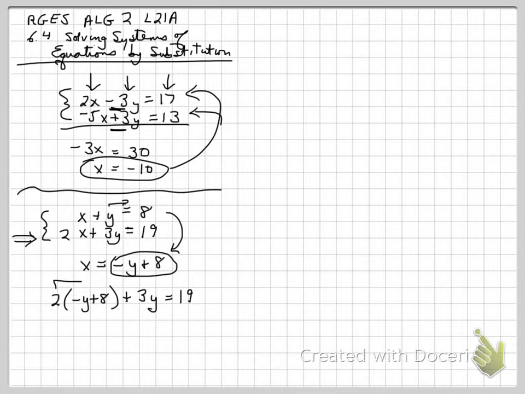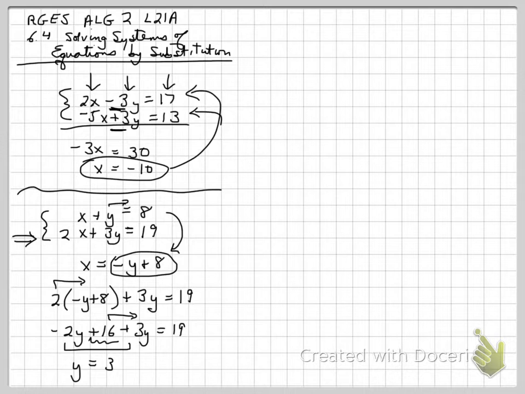We would distribute. We would go negative 2y plus 16 plus 3y equals 19. I would combine like terms. 3 minus 2 leaves me with y. I would take my 16 to the other side. Right now I'm adding, so I'll subtract. 19 minus 16 is 3.